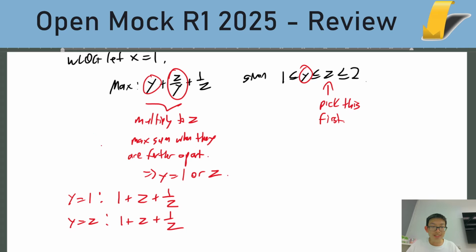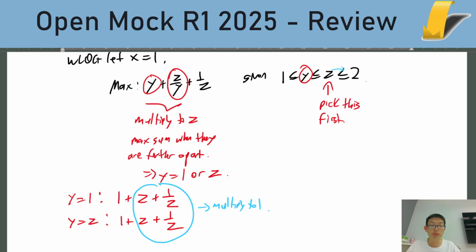So it looks the same, which means that in both cases, the question is just, all right, how do I make this large? Well, again, they multiply to 1. And so I want them to be further apart. And so if I want them to be further apart, basically, I'm now going to just push z to 2.